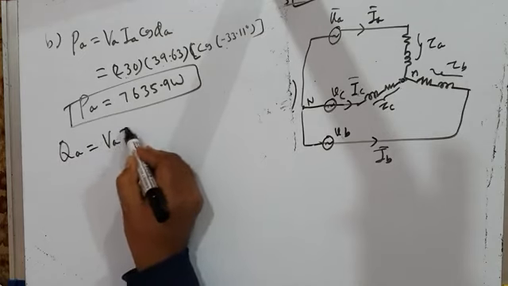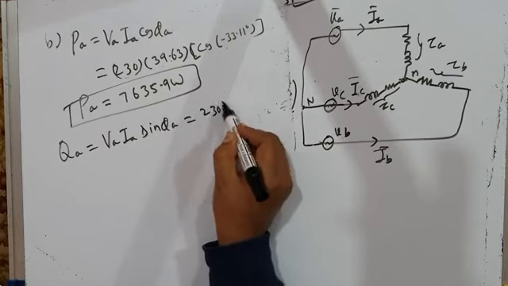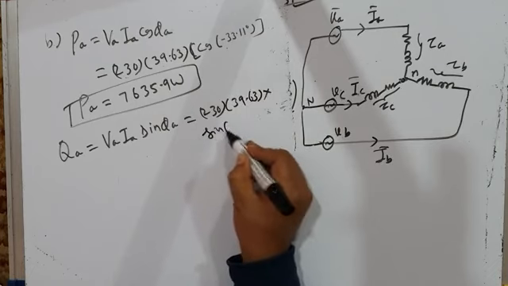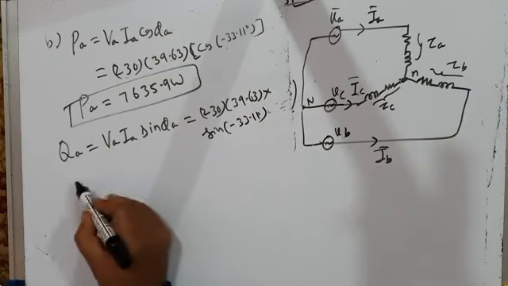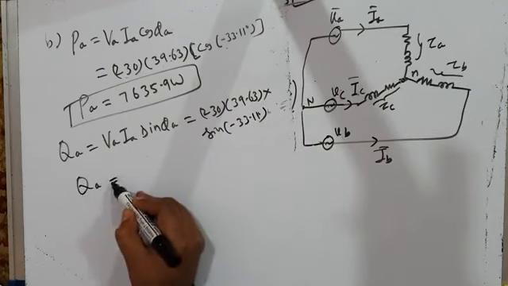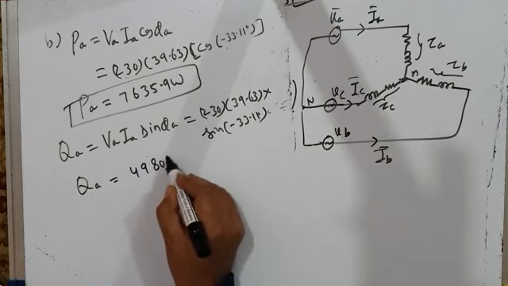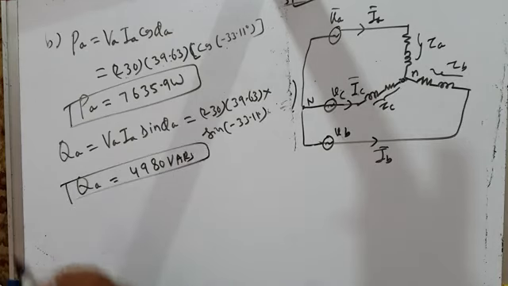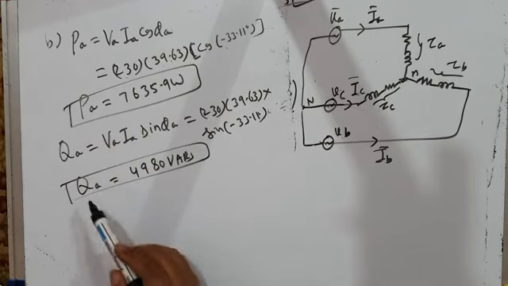QA is equal to VA IA sin phi A. That is 230 into 39.63 into sine of phi A, where phi A is -33.11 degrees. This gives the reactive power of phase A, and I have calculated it. That comes out to be 4980 watts. So this is the active power and this is the reactive power of phase A.